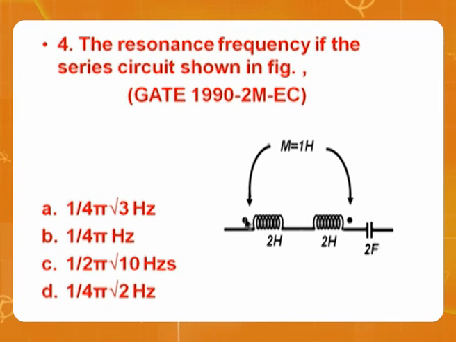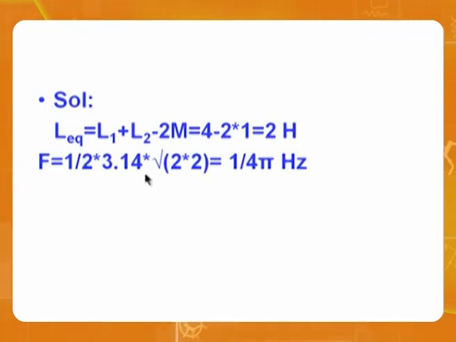Because one is entering, other is leaving, it is opposite. Now you see what I am going to do there. L equivalent is equal to L1 plus L2 minus 2M. 4 minus 2 into... this is becoming 2 Henries. So effective inductance is 2 Henries and capacitance anyway you saw there as 2.